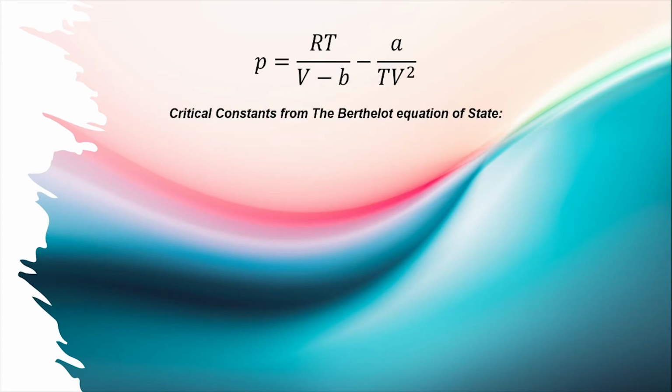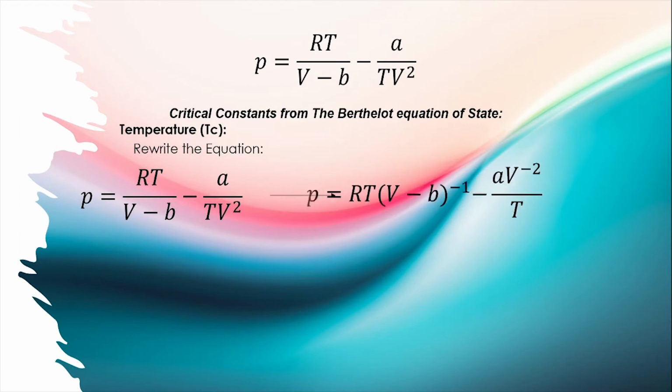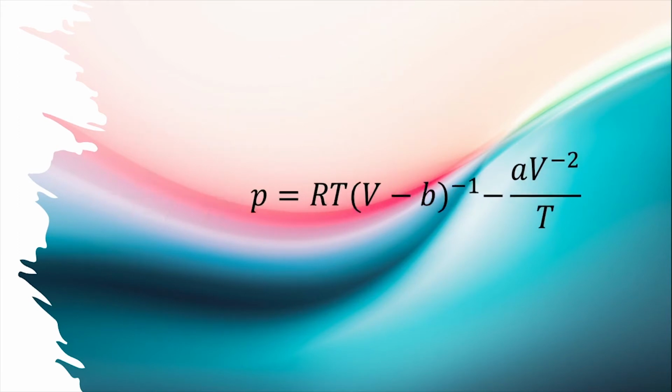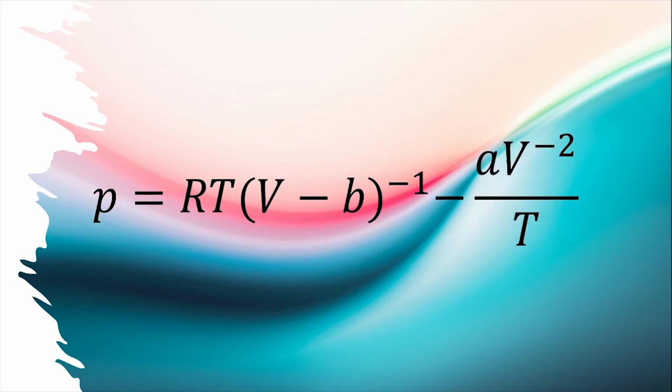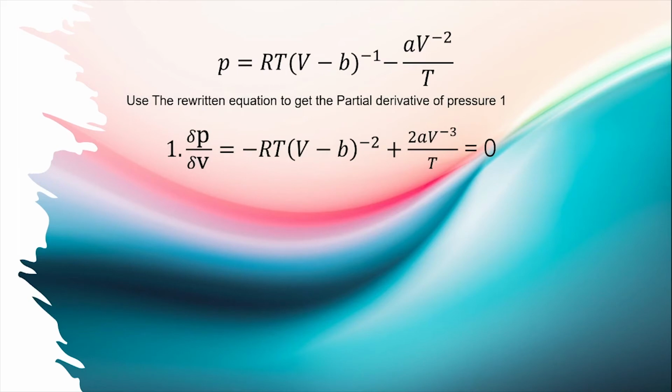We're going to solve for the critical constant of temperature next. First, just like in volume, you should rewrite the equation. After rewriting the equation, you should get the first derivative of pressure.